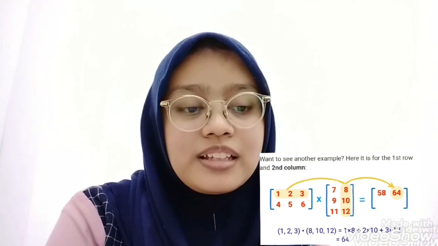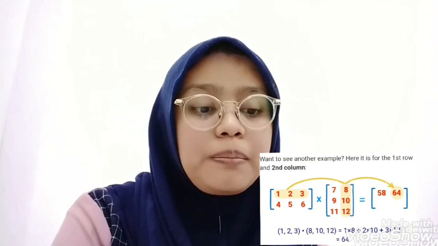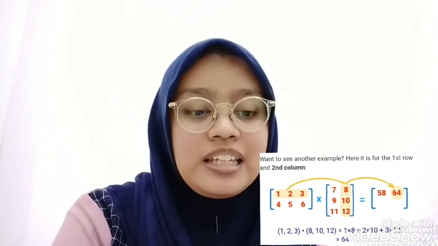Want to see another example? Here is the first row and the second column. 1, 2, 3 multiplied by 8, 10, 12 equals 8 plus 20 plus 36, equals 64.